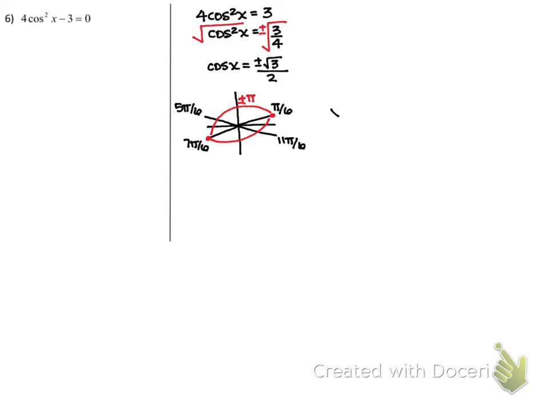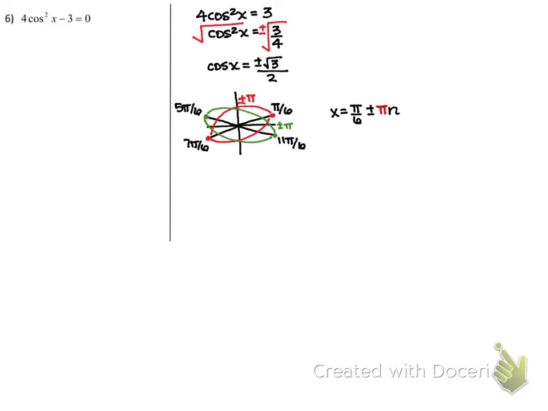So let's do x is equal to pi over 6 plus or minus pi n. And that takes care of pi over 6 and 7 pi over 6. I think we can do the same thing with the 5 pi over 6 and the 11 pi over 6, because that distance on both sides is also plus or minus pi n.